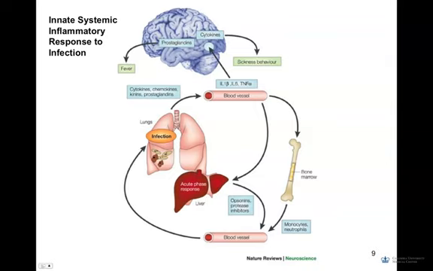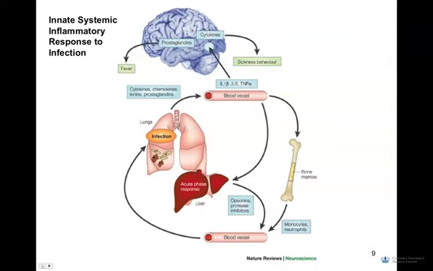These cytokines also act on the bone marrow, and they induce the bone marrow to increase their production of scavenger cells, neutrophils, and monocytes. They act on the liver, and they increase the production of acute phase response proteins, which includes C-reactive protein and mannose-binding lectin, or CRP and MBL.